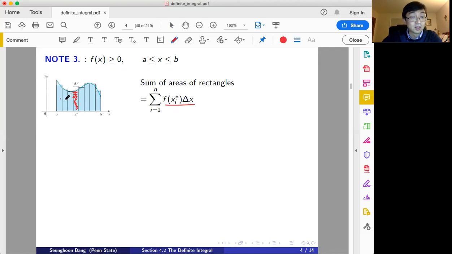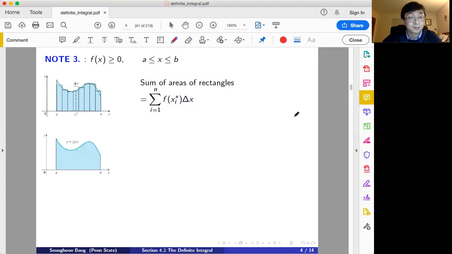You have to add all the rectangles from i equals 1 to n. So this is exactly the total area of the rectangles. This is what we call the Riemann sum.